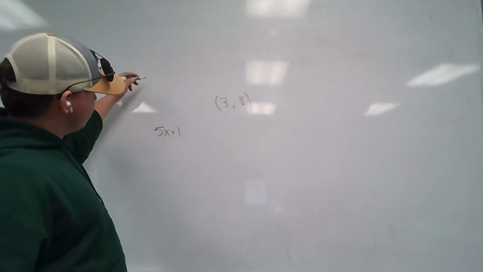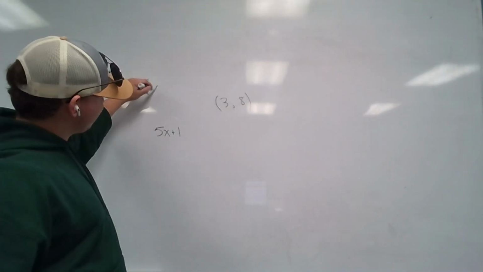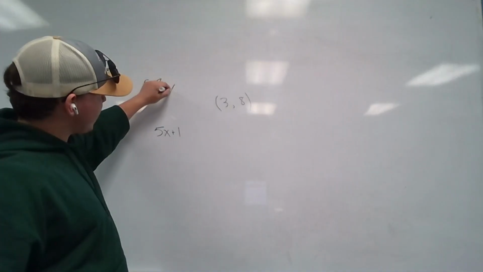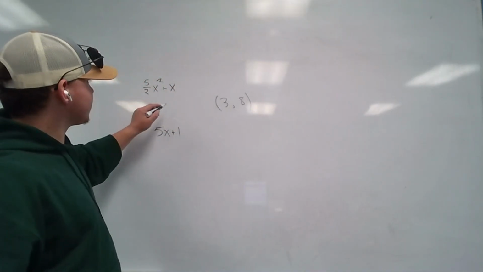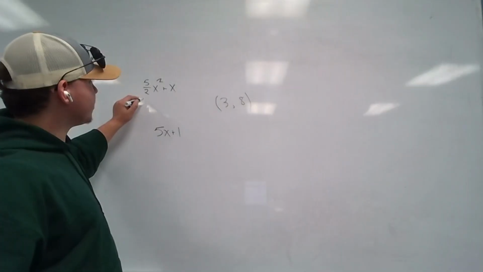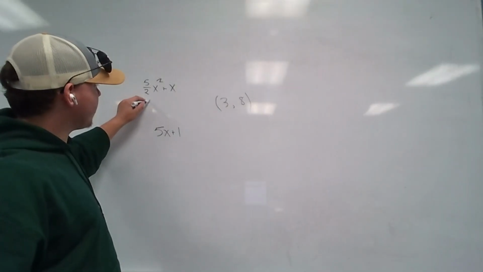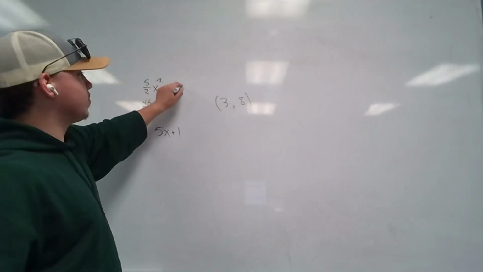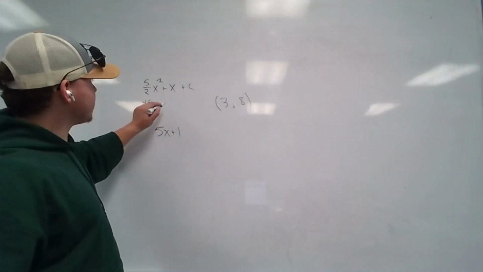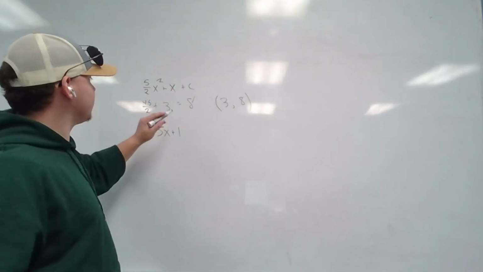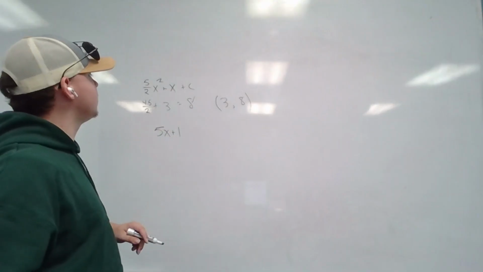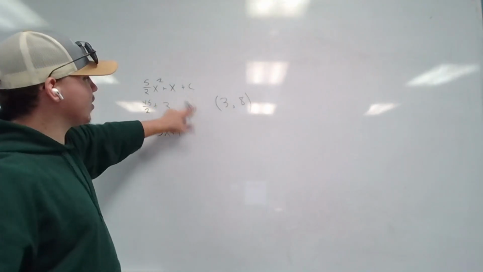I'm just going to do this quick. 5 over 2 x squared plus x, and then we plug in 3 for x. So 5 over 2 times 9 is going to be 45 over 2. Oh yeah, and plus c. Plus 3 equals 8. I keep forgetting the constant.